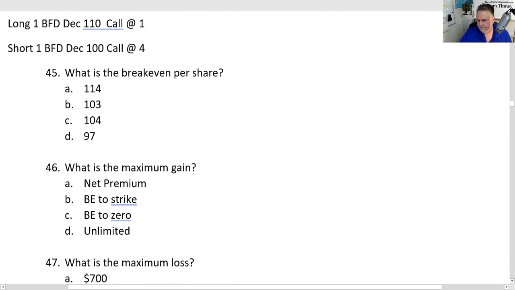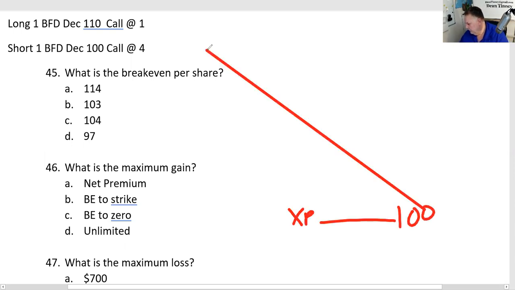So the break even. Before I created this spread, here was my strike price of 100, and here was the market price.